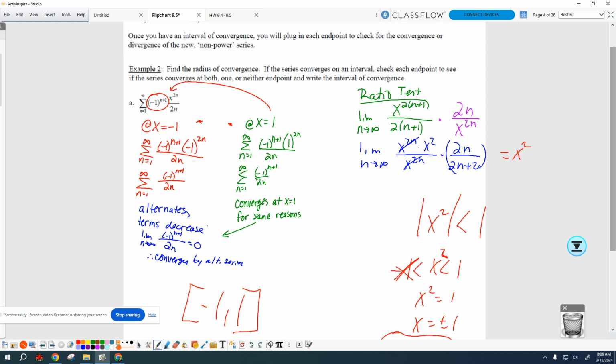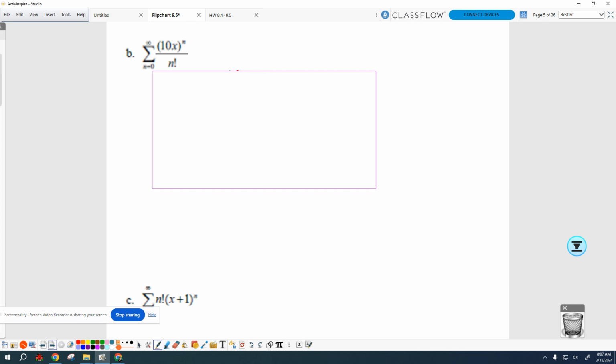Okay, so there's different flavors. This one, both endpoints were included. So we're going to do a couple more examples where Hadley's included, but sorry, Clara is not. And then there'll be ones where, sorry, Kai, you and Josh both not invited to the party. So let's check them out. Do the ratio test. See what you get.